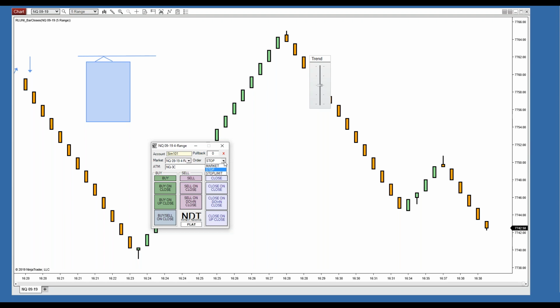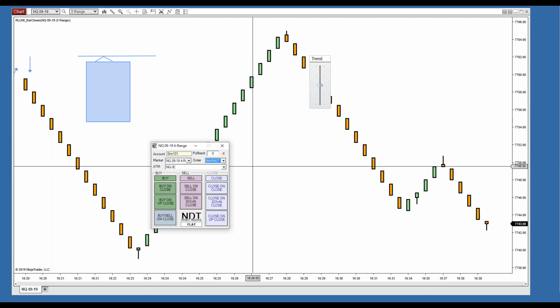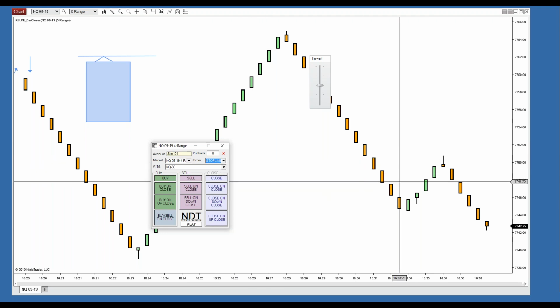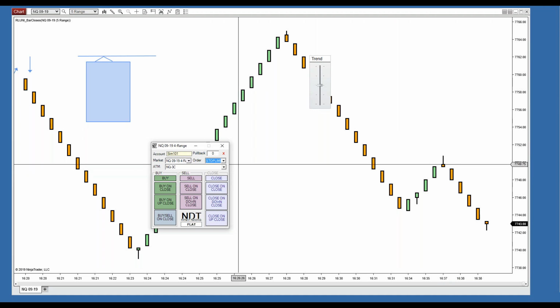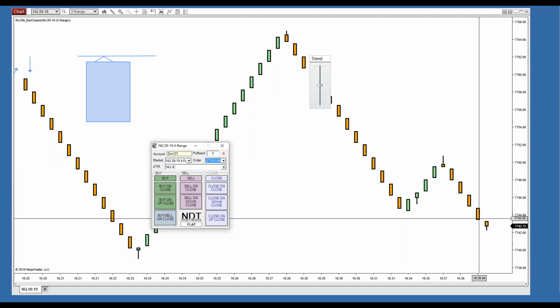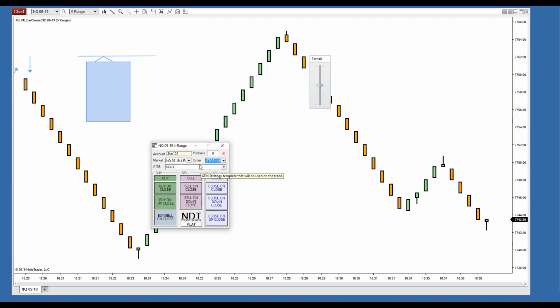And if you want, you can take a market order. With this tool, it really doesn't matter a whole lot, but I like to take the stop limit order on the down close, because my goal is to minimize slippage, and I want to guarantee that I'm going to get the price that I want. And this tool is going to do its best to get you that price.